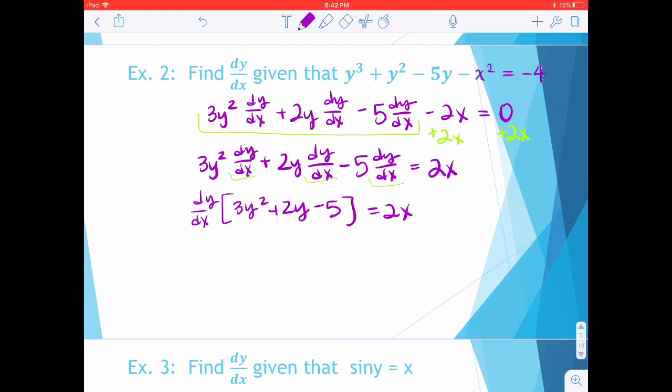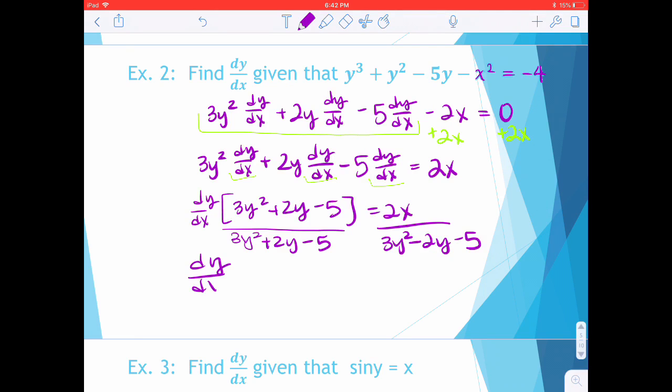And now you want to solve for dy/dx, so we have to divide both sides by 3y squared plus 2y minus 5. So dy/dx is equal to 2x all over 3y squared plus 2y minus 5.